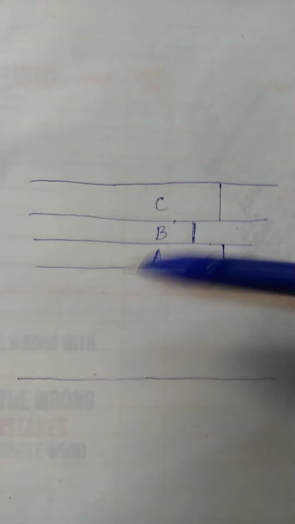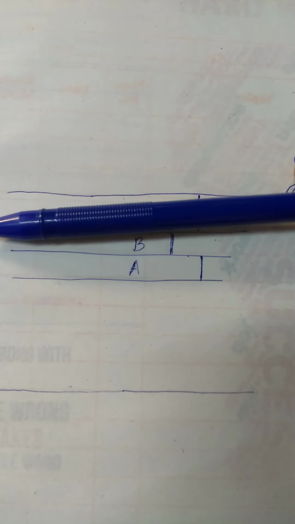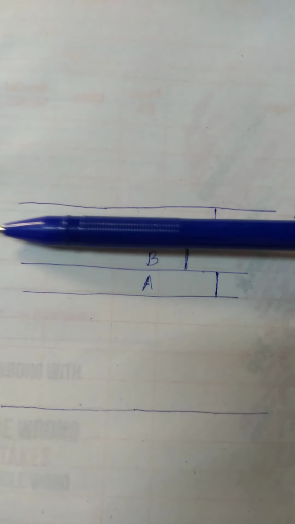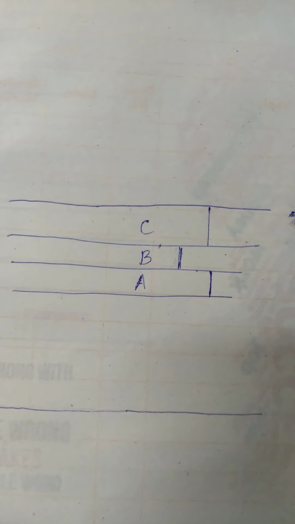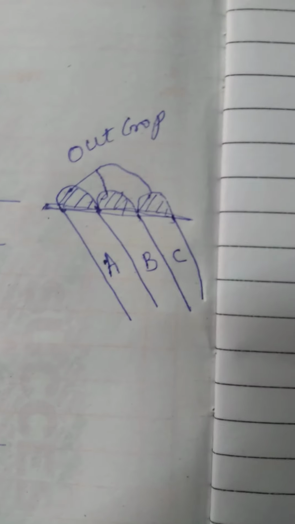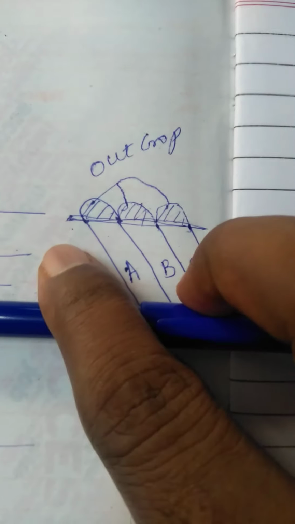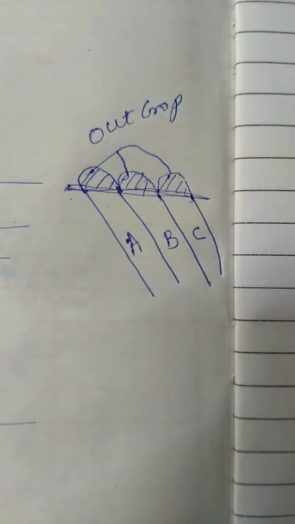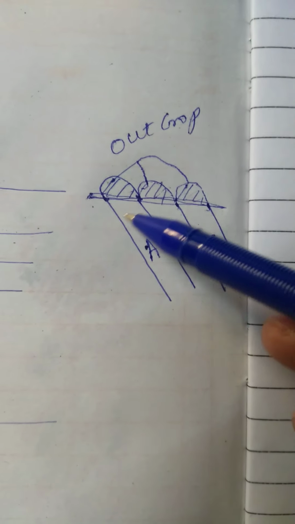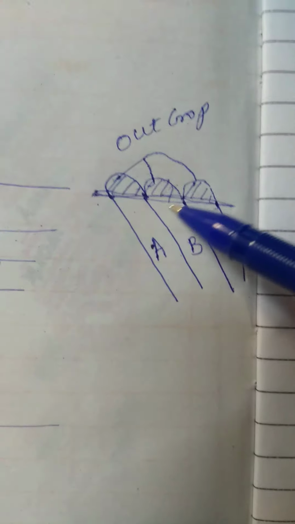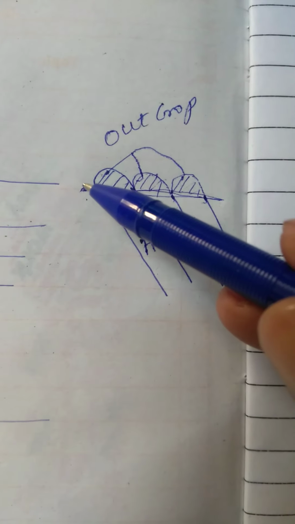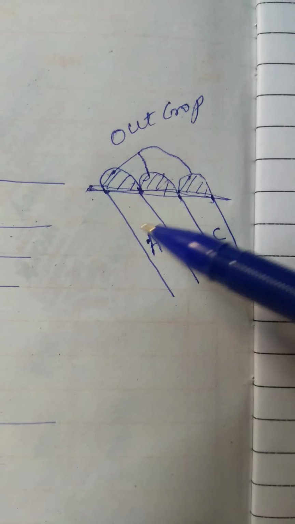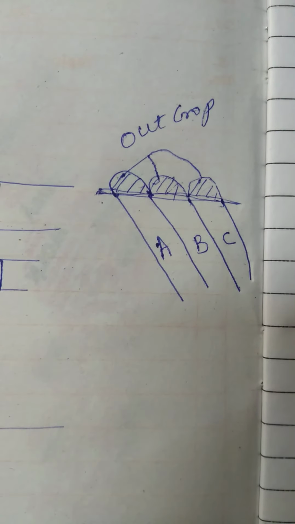Okay, clear? When the bedding planes or sedimentary rocks form horizontally, there is no dip, and if the same beds are tilted like this, or tilted like this also, the beds have tilted like this, A, B, C. The portion of this rock exposed above the surface is called an outcrop.